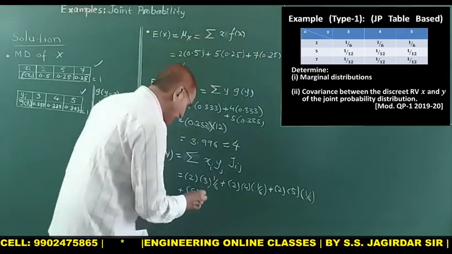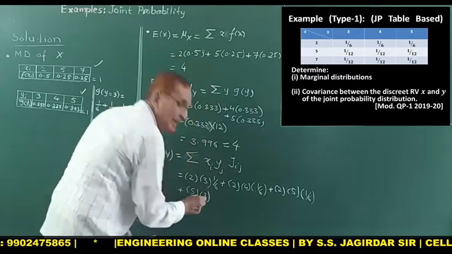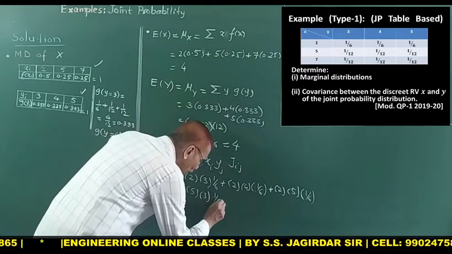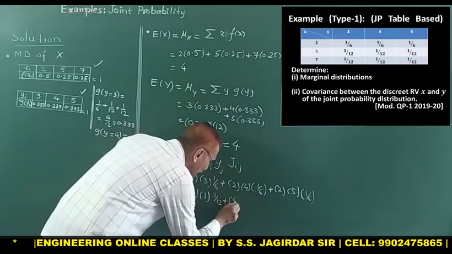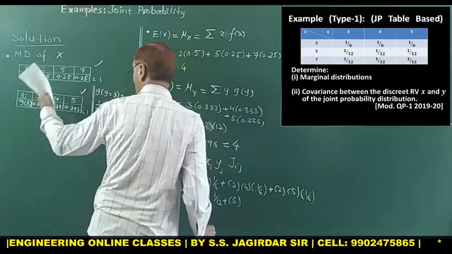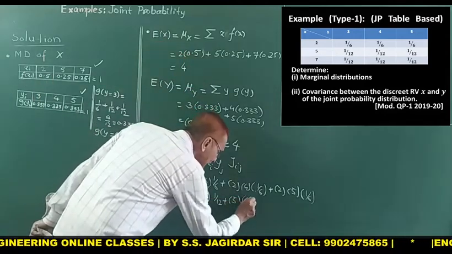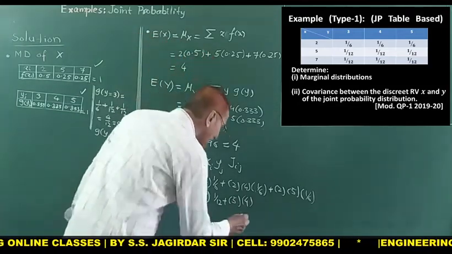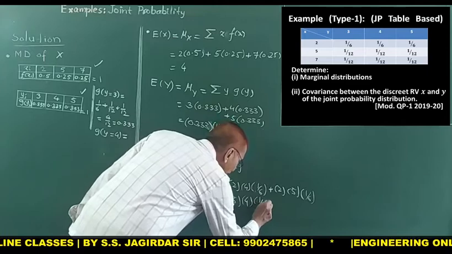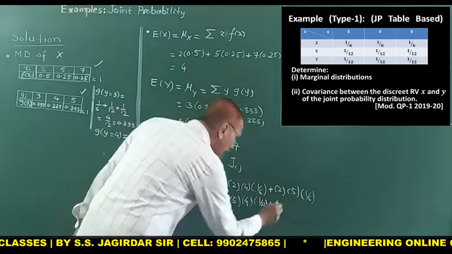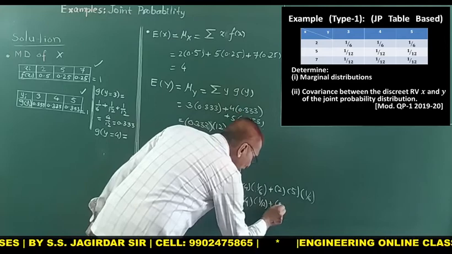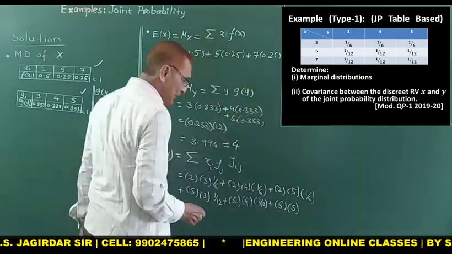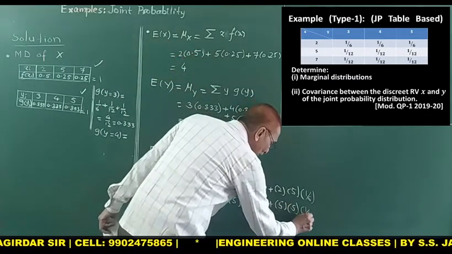So 5 with 3 we will take up, and the j value is 1 upon 12. 5 with 4, the j value in the joint probability table is again 1 upon 12. And then 5 with 5 itself, the j value is again 1 upon 12.